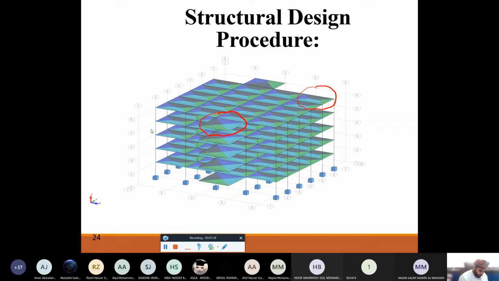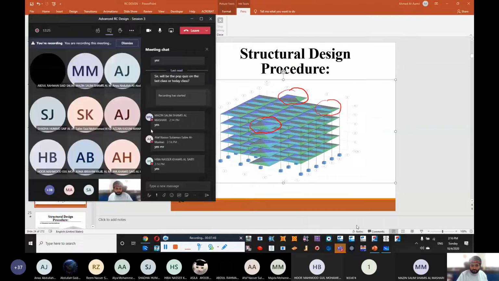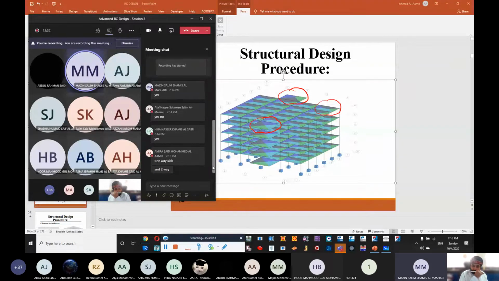And in this position, we have three areas. Now, any idea why this is happening? Do you know why this is happening? Because of the shape of the slab, some rectangular and some square.